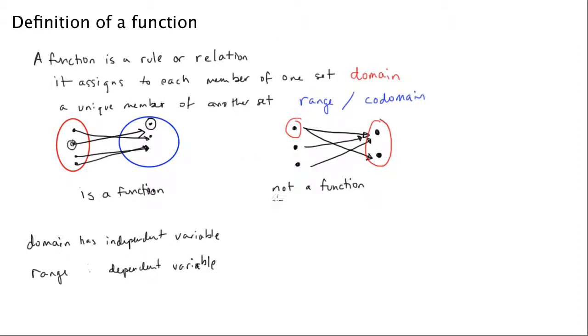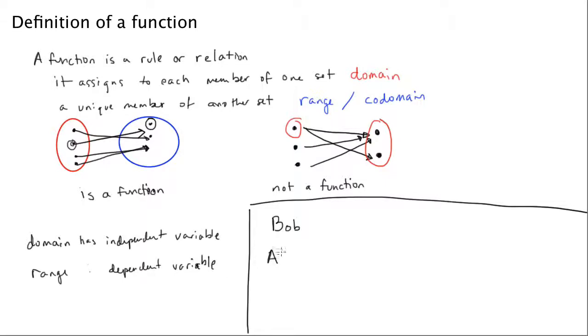Okay, so let's just look at a simple example of something which is a function. So let's say that we have three people, Bob, Alice, and Mike, and let's say that they are going to eat ice cream. And so let's say that there are three flavors available: chocolate, strawberry, and vanilla.